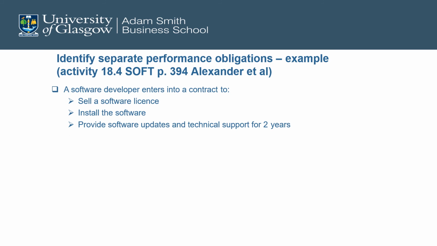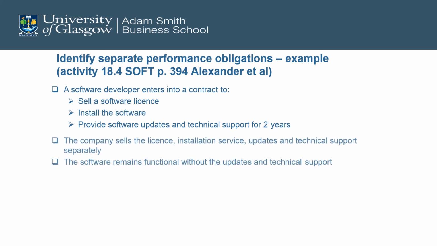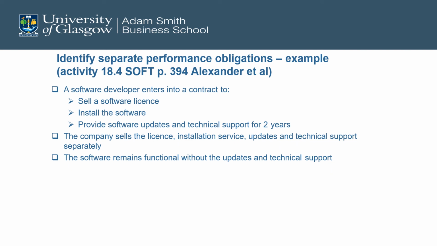We can derive from the example that there is a contract in which the company sells the software license, installs the software, and provides software updates and technical support for 2 years. We also know that the company sells the license, installation services, updates, and technical support separately.